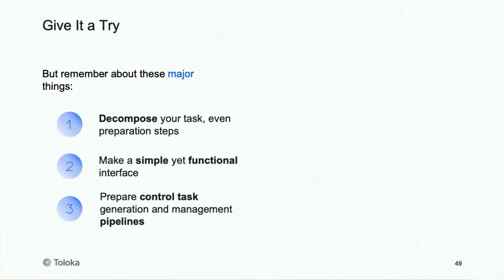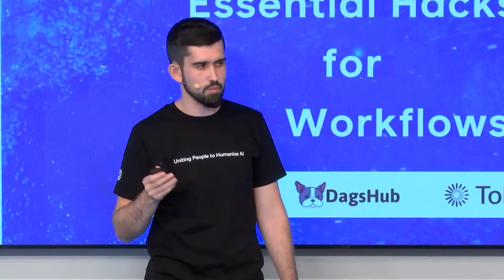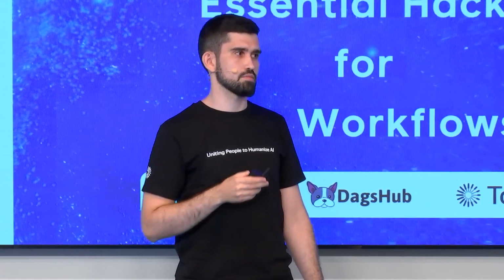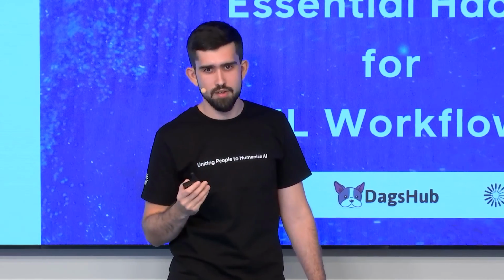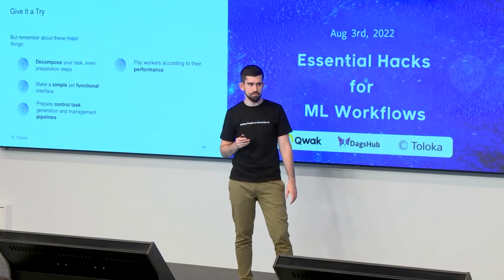The next thing is to somehow manage control tasks. I've said already that some crowdsourcing platforms allow you to make this even in an automatic way, like to create those control tasks, but you can even make it in Python, like by your own hands. Then think about setting dynamic pricing, because you should pay a lot of money to those who perform well, just to motivate others to start to perform well.